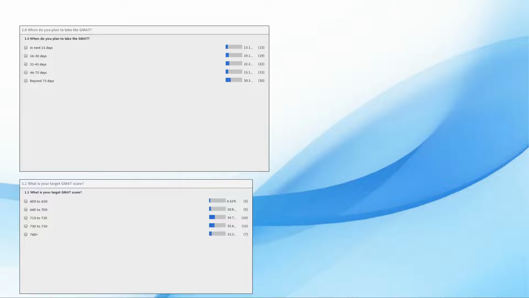We have those who are in the middle of their preparation, and a few of you who most likely haven't started your preparation. With regards to the target GMAT score, we have a good chunk of you who are aiming for a 760 or higher. We also have two big groups in the 710, 720 bracket, as well as in the 730 to 750 bracket. But overall, more than 85% of the class is aiming for a score of 710 or higher.